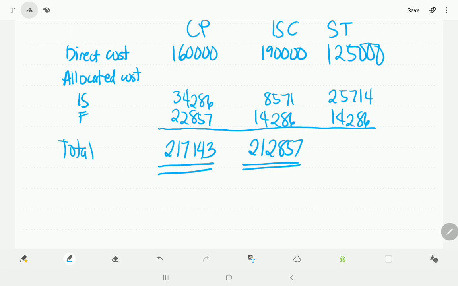Finally, for Software Training, we have 125,000 plus 25,714 plus 14,286, which gives 165,000. So using the algebraic method, we have computed the allocated overhead cost to each production department, as well as the total cost of each production department after the overhead allocation.